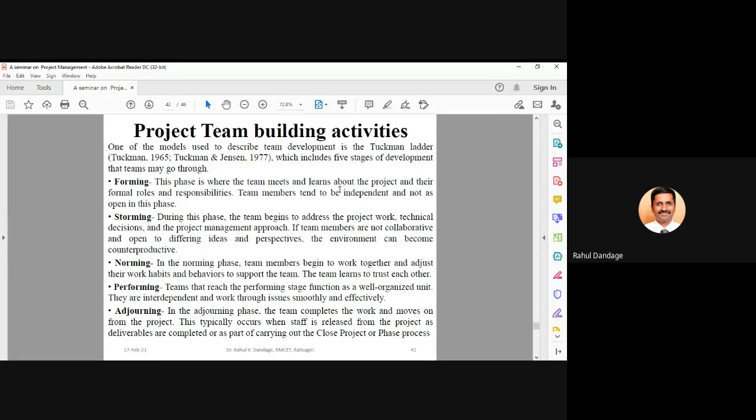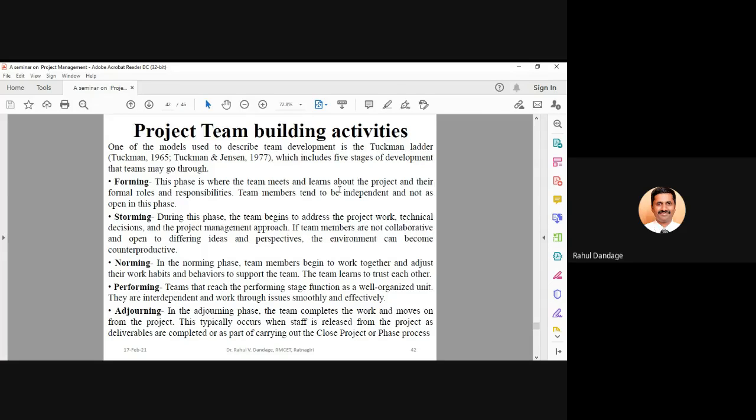They will look at which project activities are to be executed, what the technical aspects of that activity are, what technical decisions are taken, and what the project management approach is to carry out that activity. The team members will start addressing these issues.